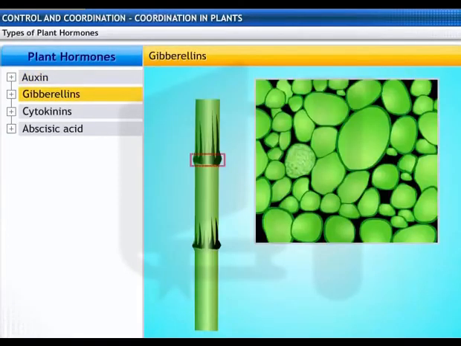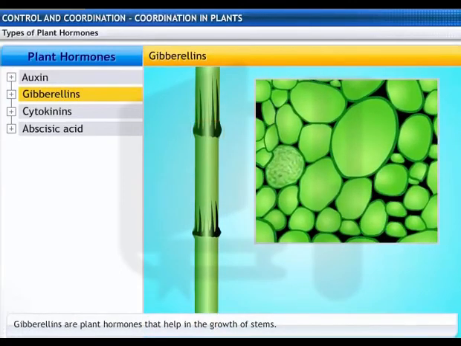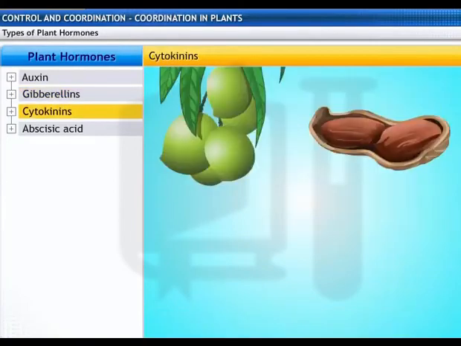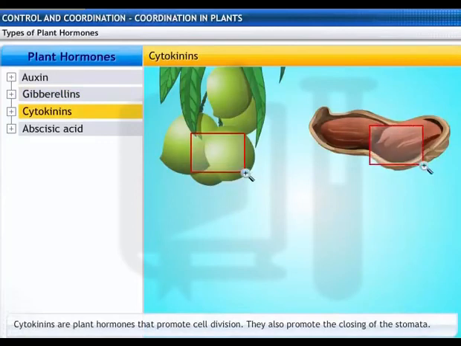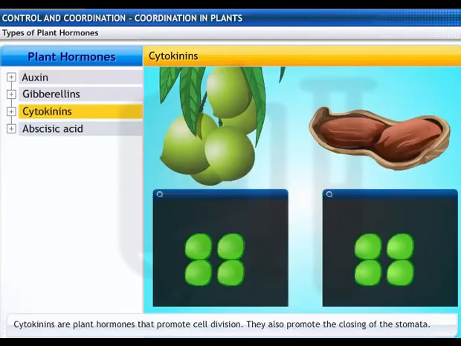Gibberellins. They help in the elongation of internode and play a role in the growth of the plant along with auxins. Cytokinins promote cell division. They are present in large numbers in areas of rapid cell division, such as fruits and seeds.